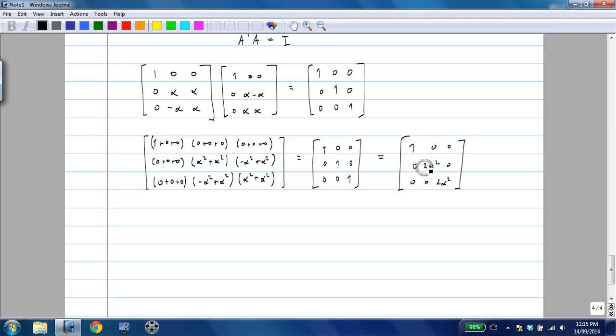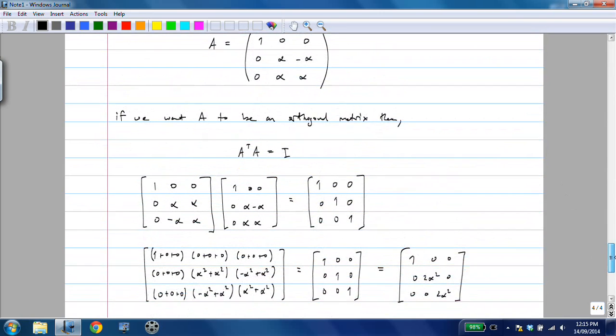But then we need 2 alpha squared equal to 1, which means that alpha must be equal to plus or minus 1 over the square root of 2. And that is it for this question.